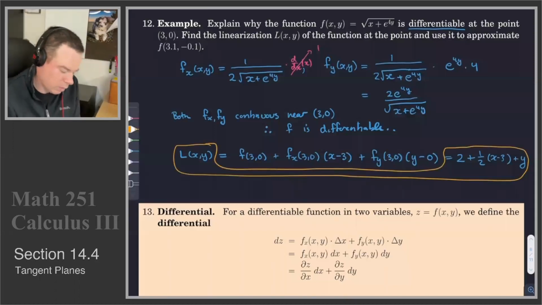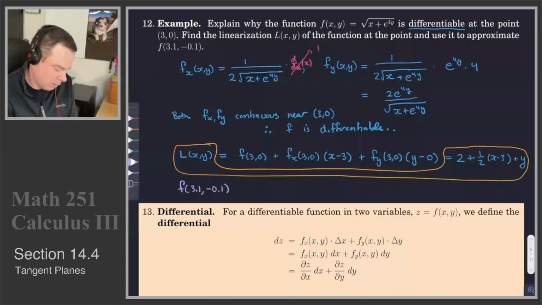So there's our linear function that does a good job of approximating our function f at the point 3, 0. And the last part says use this to approximate f of 3.1, negative 0.1. So the idea is this function value at that point, which is close to where we just constructed the tangent plane or the linearization, is approximately given by the value we have on the tangent plane at that point.